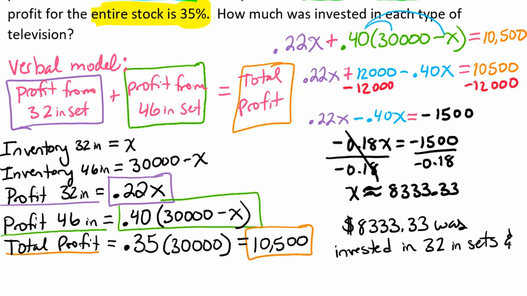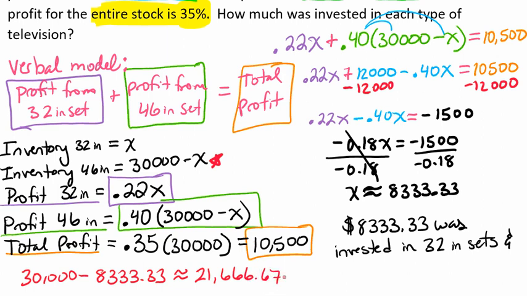And so we still need to find that other amount. So remember, to find that, we need to plug that into 30,000 minus our $8,333.33 from right up here. So when we plug that in, let's do that down here, 30,000 minus $8,333.33 is going to give us approximately $21,666.67.